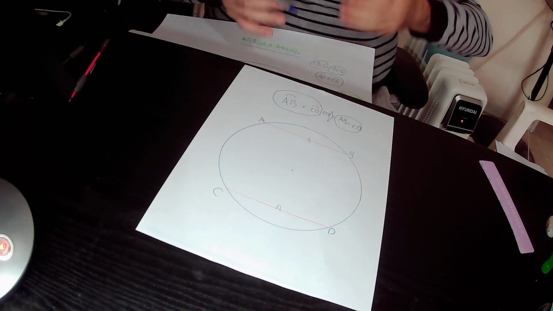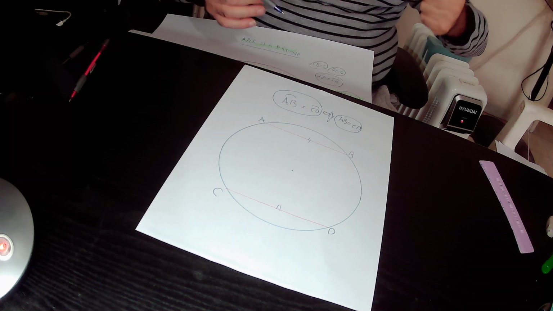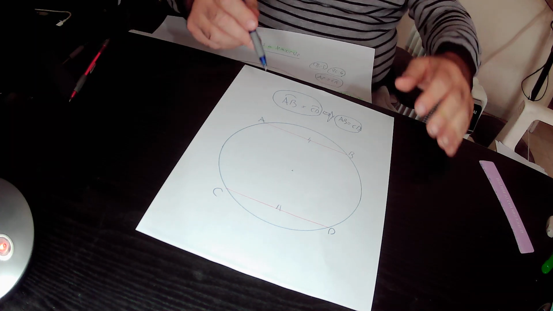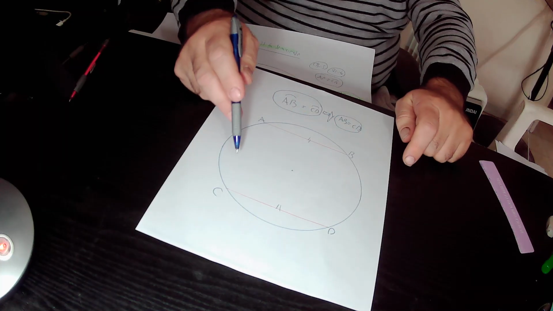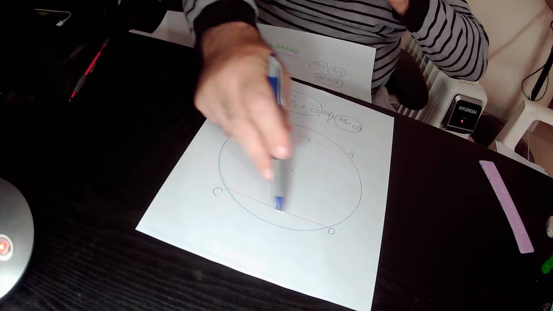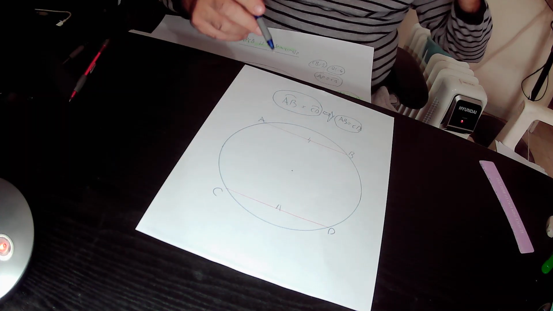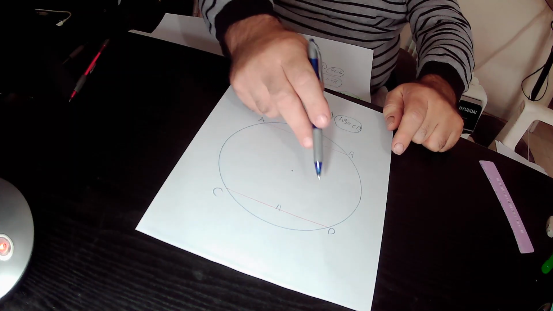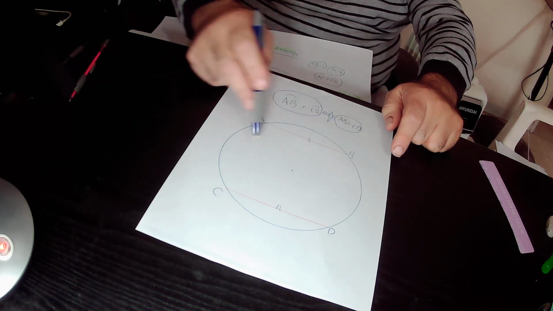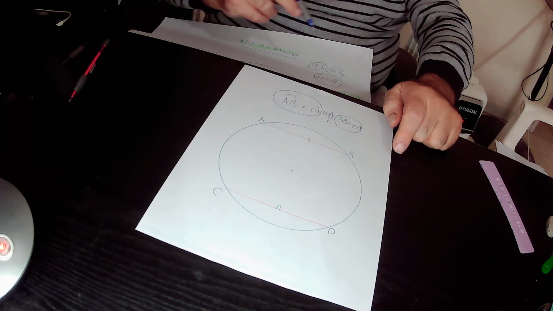And therefore, according to rule 56, their corresponding chords must also be equal to each other in their lengths. The corresponding chord of arc AB is chord AB, and the corresponding chord of arc CD is chord CD. So the two corresponding chords must be equal to each other in their lengths. That is to say, arc AB equals arc CD in its length, so chord AB equals chord CD in its length.